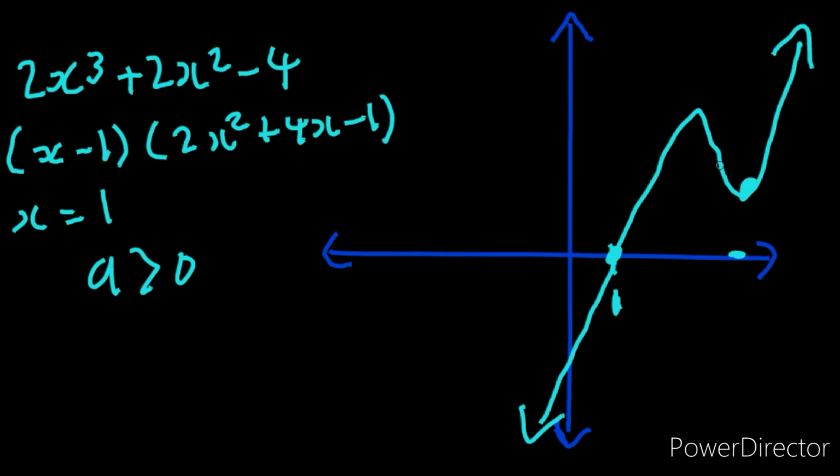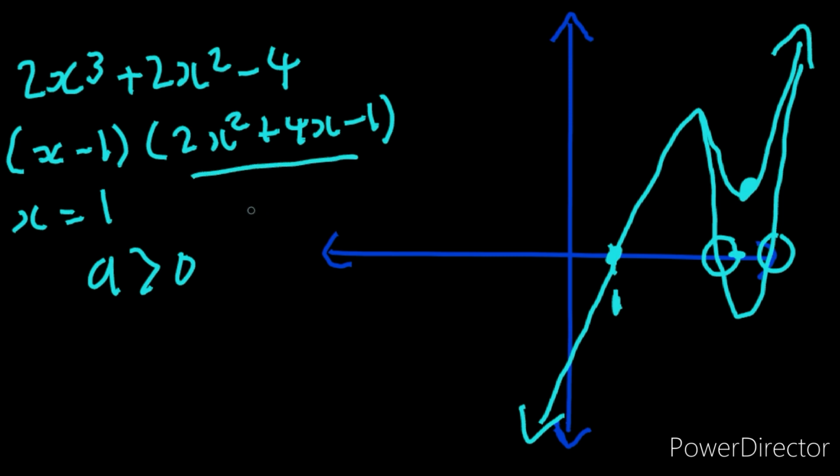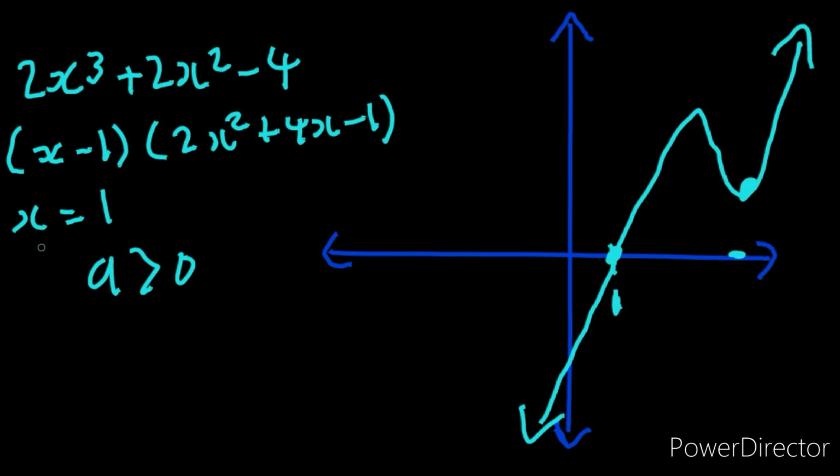If it instead crossed the x-axis, we were going to have three distinct roots. So this was going to be factorizable and it was going to be two different brackets. So whenever there is only one x-intercept and the other part gives us error, it means it will only touch the x-axis once and the turning point will be away from the x-axis. It won't touch, neither will it cross. So this is how the graph will look like.